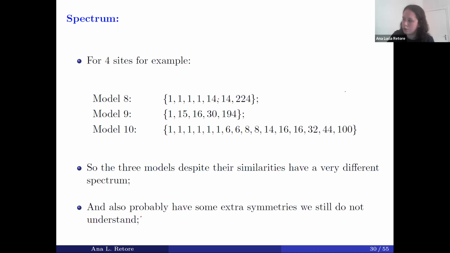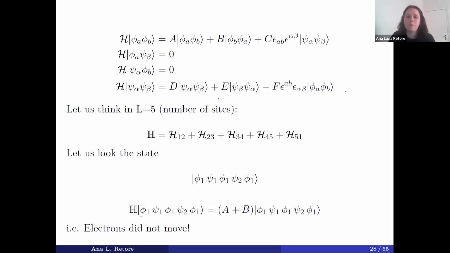So what are the assumptions that you make when you choose this Hamiltonian? Are you allowed to choose any kind of nearest neighbor Hamiltonian? It depends. The first thing you have to decide is what's the size of the Hilbert space you want to work with.